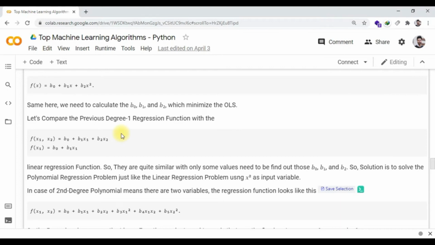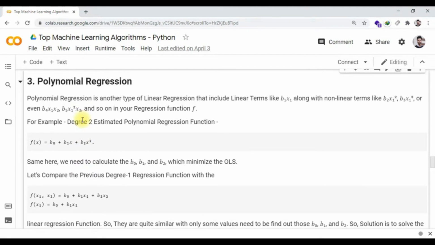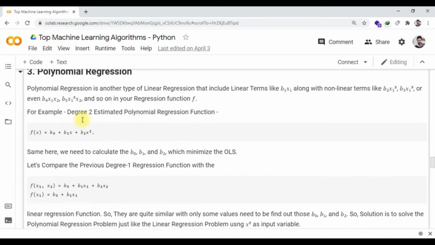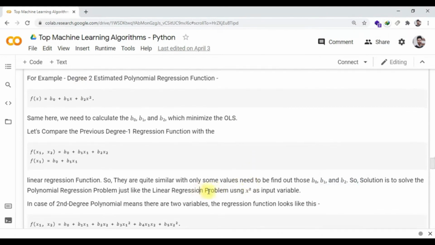The solution to the polynomial regression problem is the same as linear regression, but we use x square as an input variable. In linear regression we use x as the function, because it is always a degree 1 equation, but in polynomial regression you first have to find the degree and then apply it in your regression function.